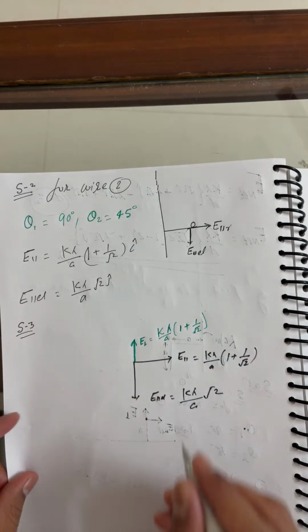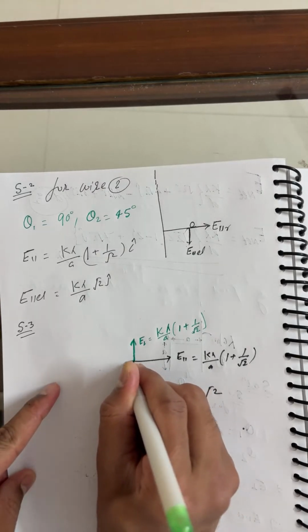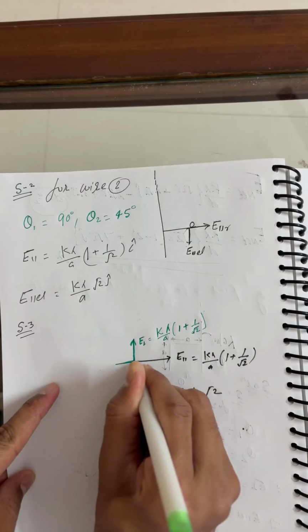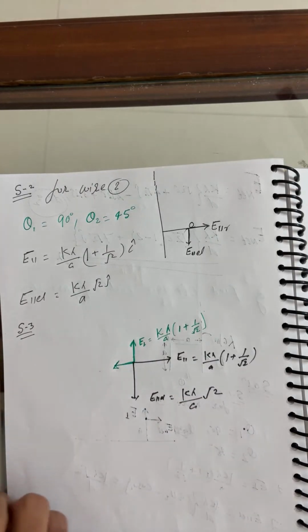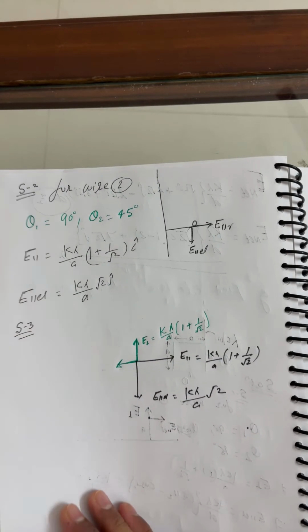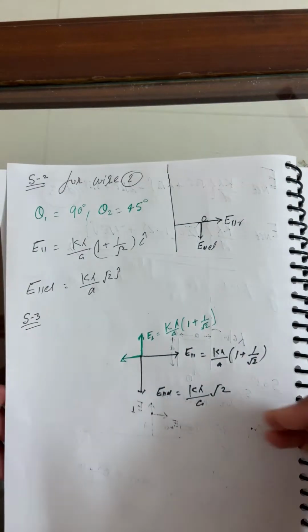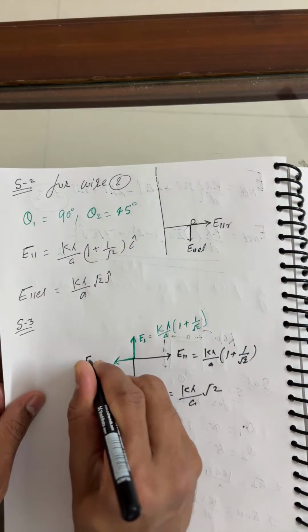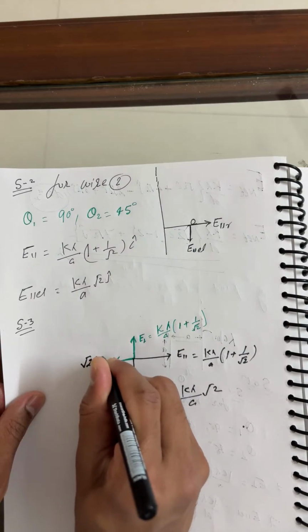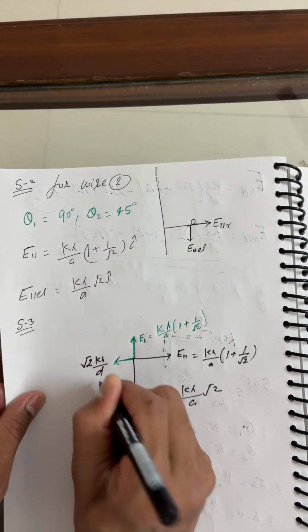Now this is E parallel for this wire: root 2 K lambda by A.